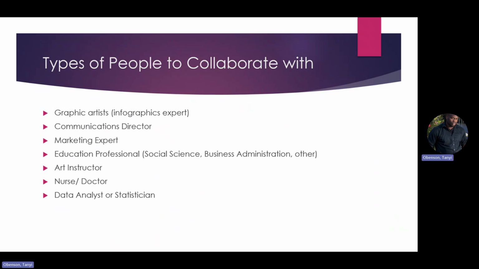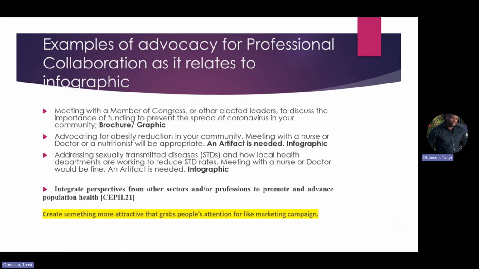Communications directors, marketing experts, art directors, nurses, doctors, these are people you can collaborate with. Examples of advocacy and professional collaboration as relates to infographic: meeting with a member of Congress, advocating on obesity reduction, addressing STDs in the local community.